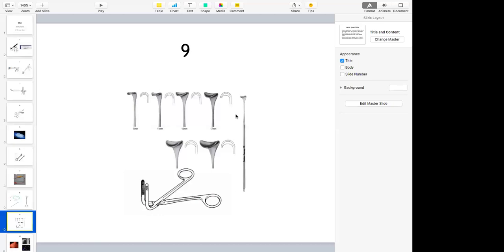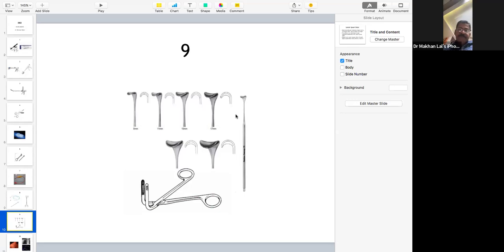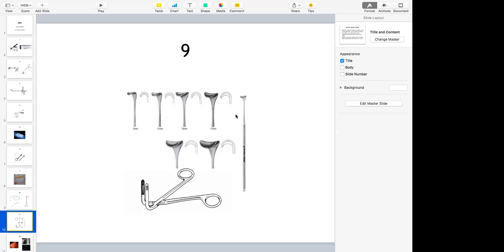It is not endoscopic. Sorry, extracorporeal. It is a common mistake you commit in the exam. So it is extracorporeal shockwave lithotripsy.